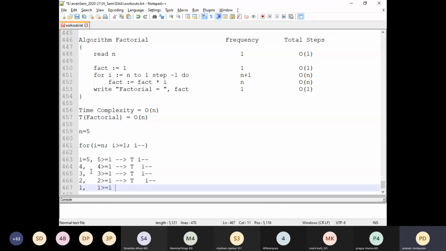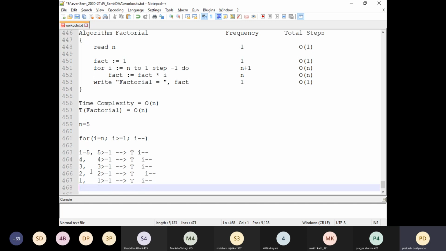The condition becomes true. It will execute its statements. Then again I minus minus will happen. Next I becomes 0. This time 0 is not greater than or equal to 1. Condition becomes false. Okay.